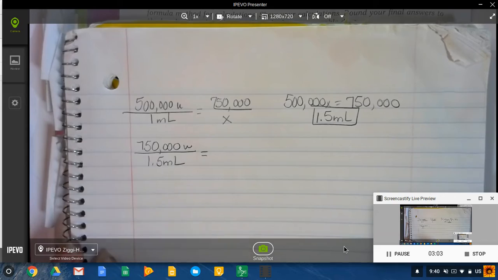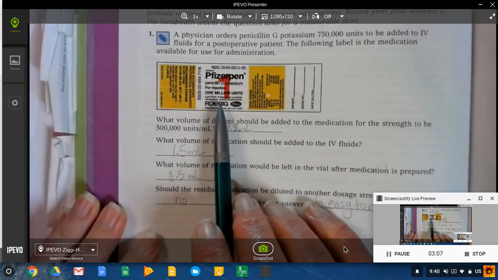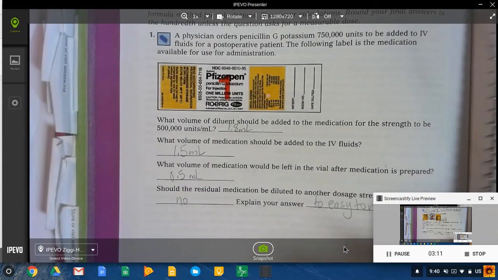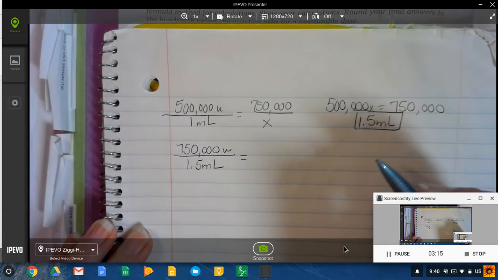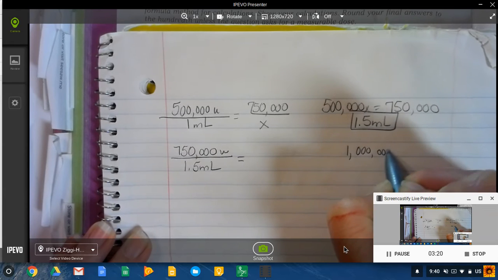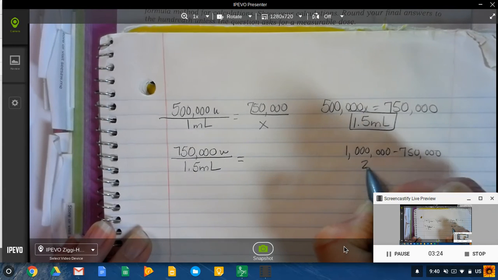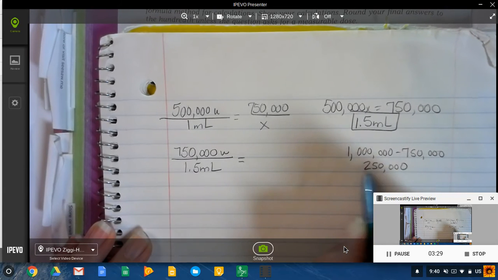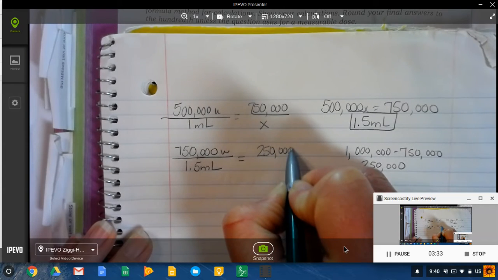But you need to know that going back to the label, what you had to begin with was 1 million units, and you took out 750,000 units. So you just do the math. You subtract 1 million minus 750,000, and that leaves you with 250,000. So now this is what you have left: 250,000 units.